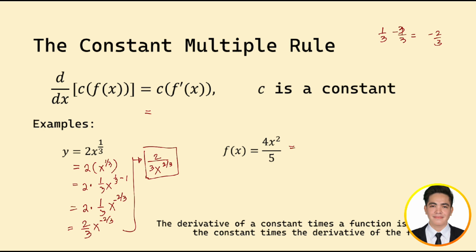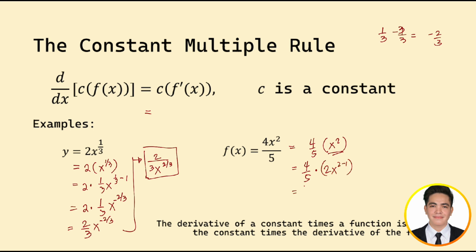So, ang gagawin daw is ilalabas yung constant 4/5 times x squared. So, ito yung portion na i-differentiate natin. So, we have 4/5 times 2x, 2 minus 1.